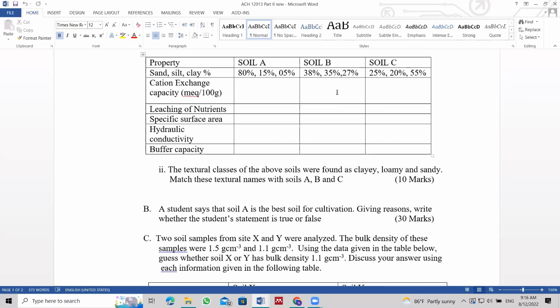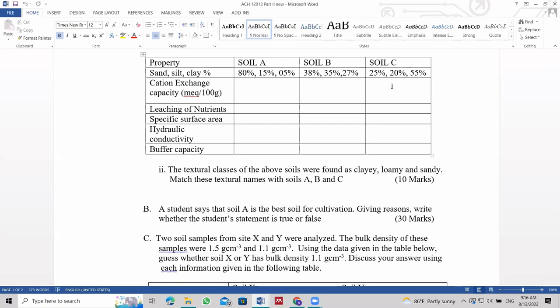True statement. Then what are the reasons? It has a good cation exchange capacity, so the nutrient leaching is low. It has a high surface area, and it holds more water. No, holding more water is C, and high cation exchange capacity is also for C. Correct or not? Yes, ma'am. So how will you answer?